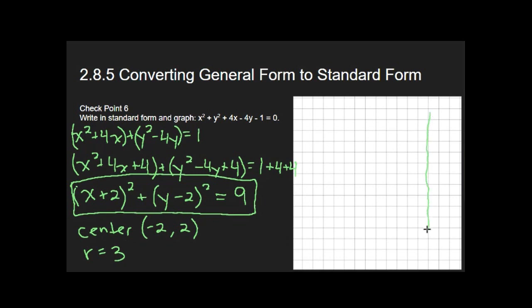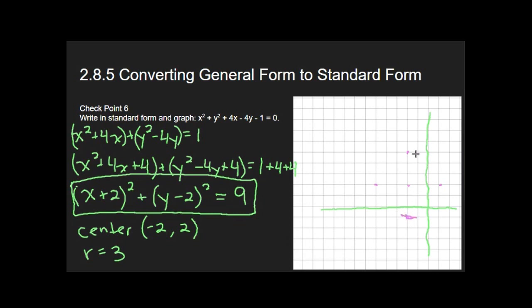Put my x and my y here, roughly, and the center is at -2, 2, and the radius is 3. So I'm going to go 3 each direction. 1, 2, 3, 1, 2, 3.